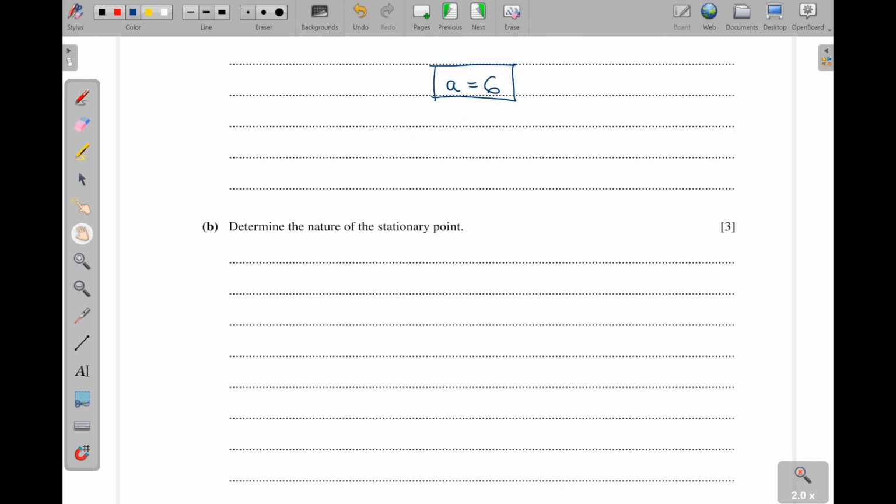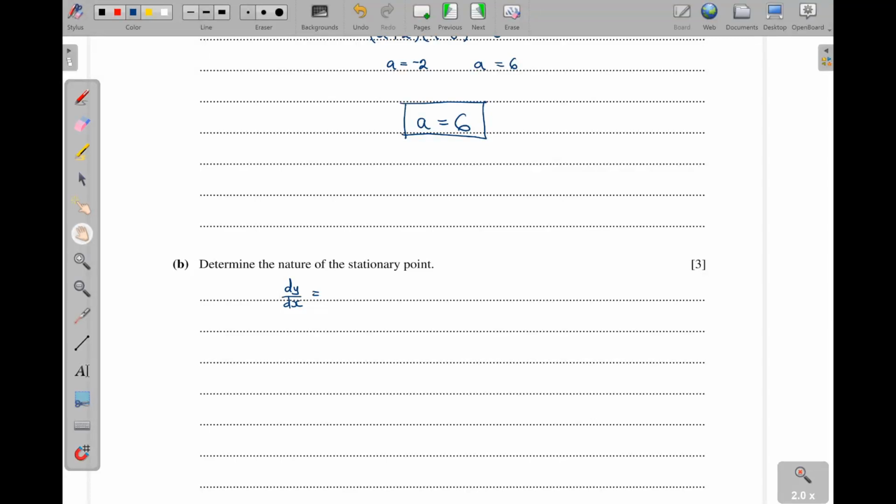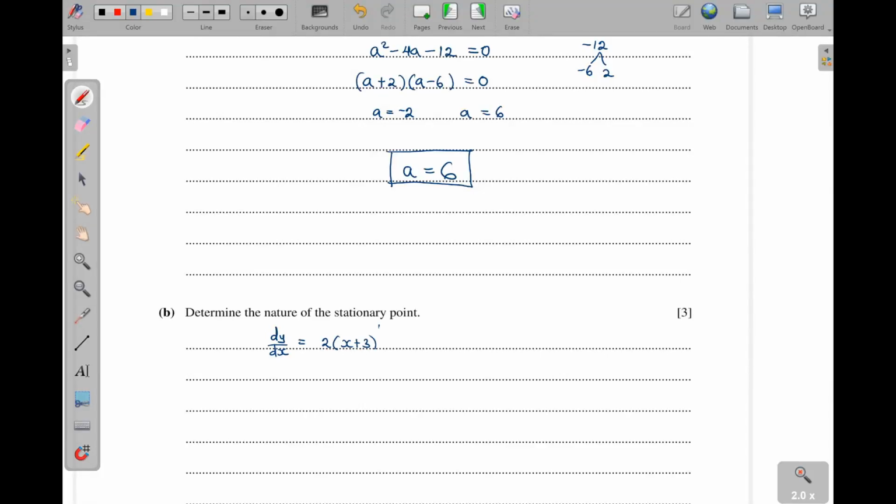Then next, part B, determine the nature of the stationary point. That means we have to differentiate the second time. dy/dx here, we see it as 2 into (x plus 3), to the power of a half, then minus x.